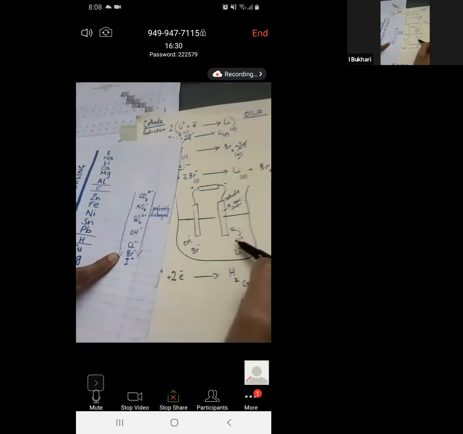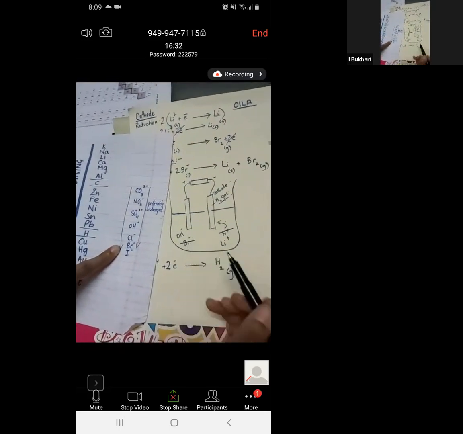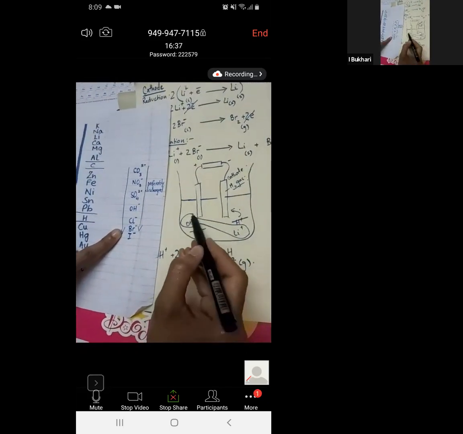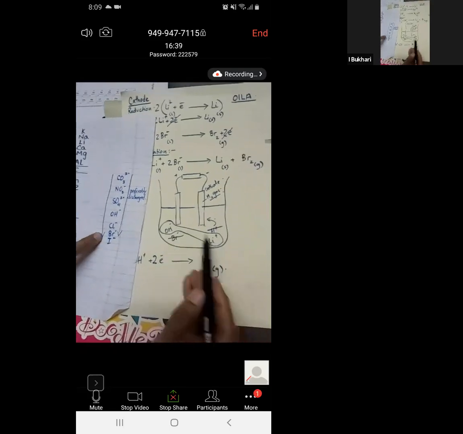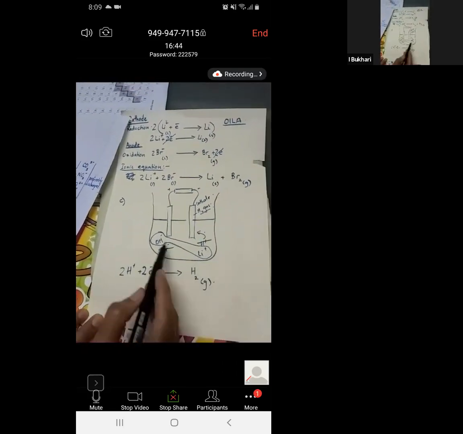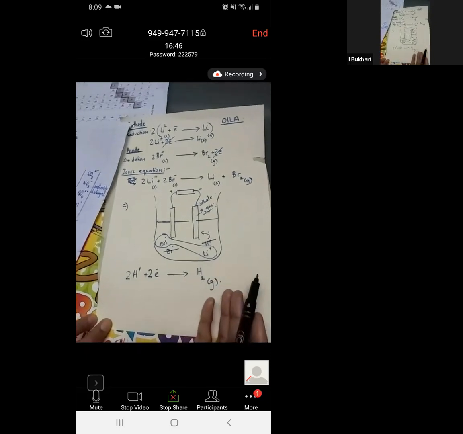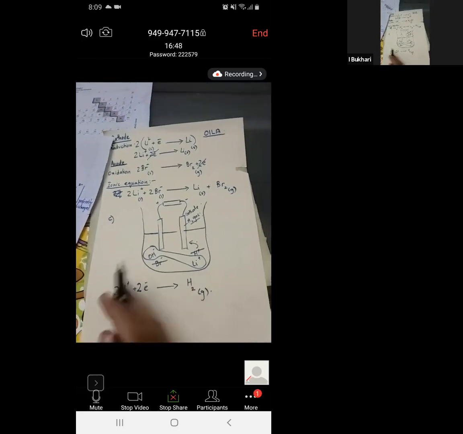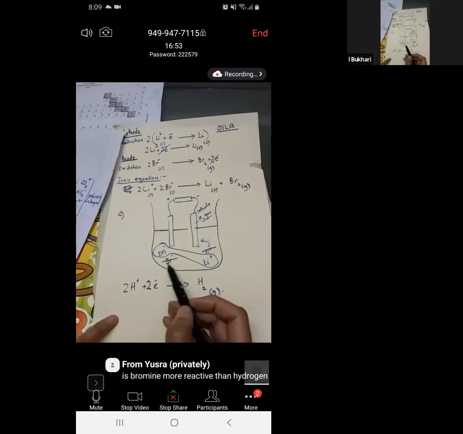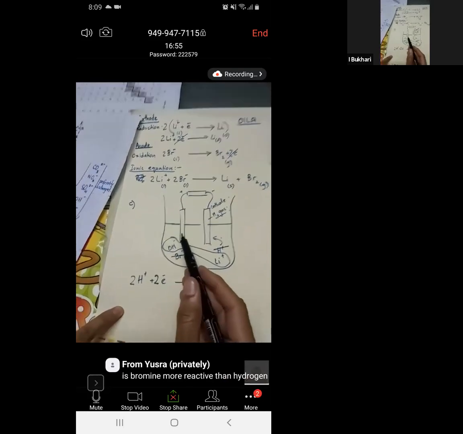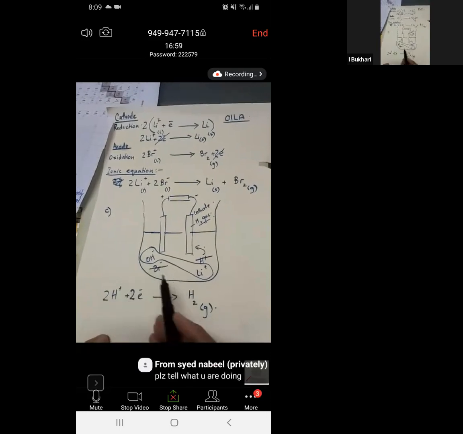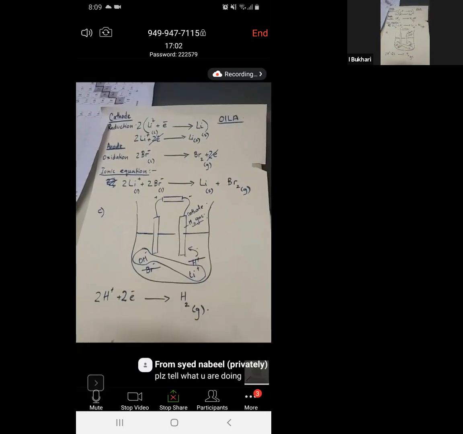Hydrogen is getting released, bromine is getting released. What you are left behind with is lithium hydroxide, which is an alkali, so an alkaline solution. You will explain all of this: at the anode, the bromide ions are oxidized to release the brown gas bromine, leaving behind the alkaline aqueous lithium hydroxide.